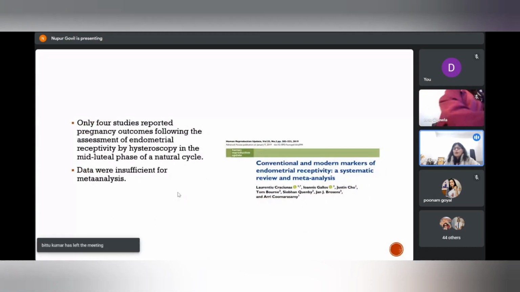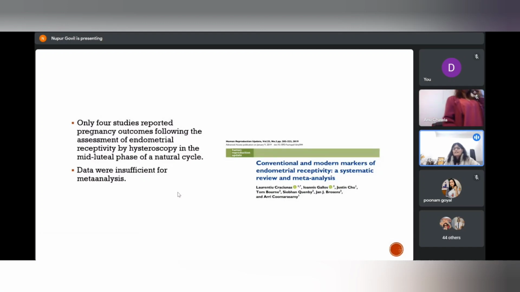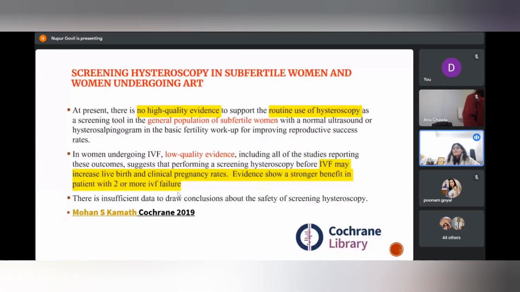So according to the meta-analysis, data was insufficient to consider hysteroscopy a gold standard receptivity marker, but it is definitely a promising tool. Should it be prescribed to all patients before treatment? This was a Cochrane review in 2019, which said that for the general population of subfertile women it is not recommended routinely.